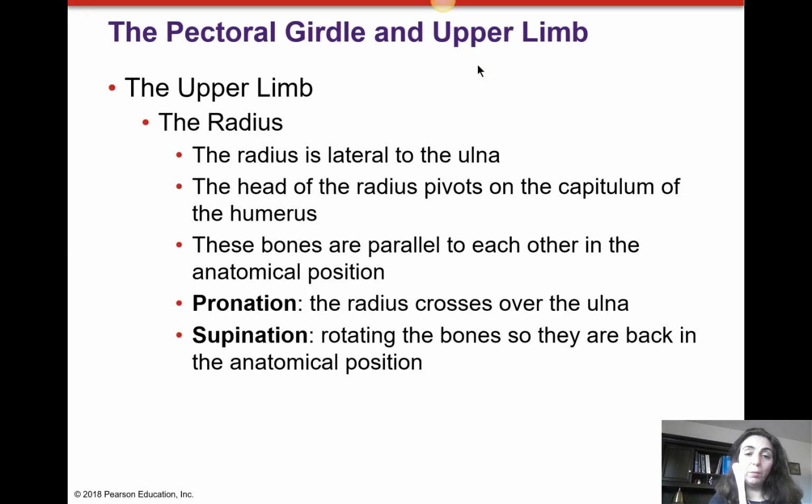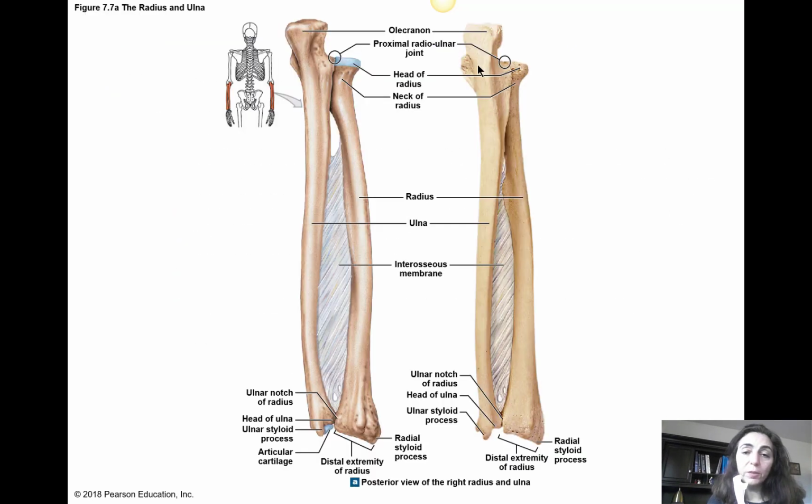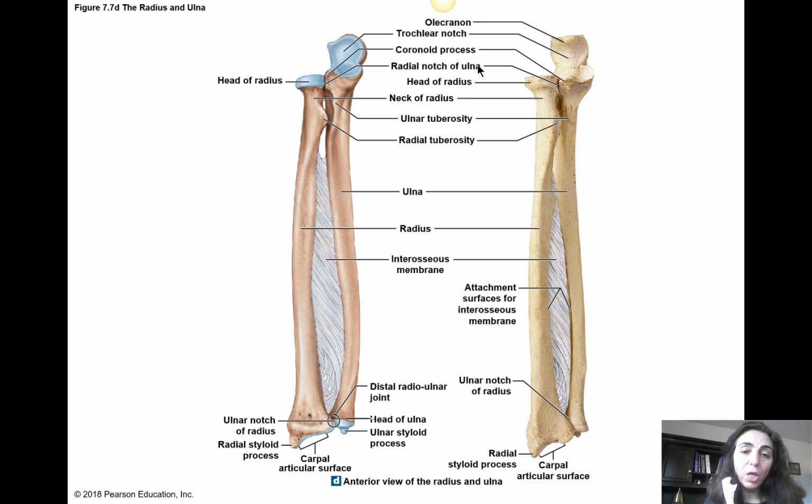So getting back to the ulna, that is the radial notch. I wanted you to see that so that you do not forget it. And then we have the ulnar tuberosity, if I can show it to you. Let me see, yes, on this one, you see here in this anterior view, below the coronoid process, you see the ulnar tuberosity, right?